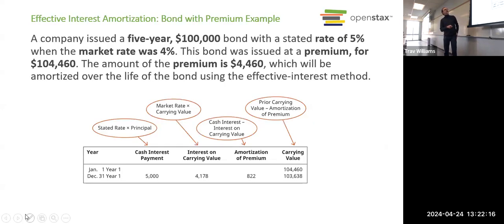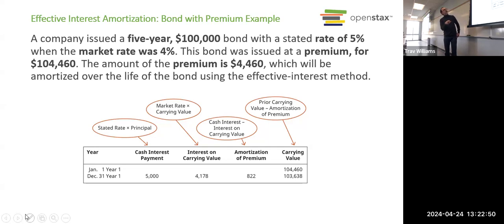Okay, then we got to the not so simple way, the effective interest method. So in this case, what you do is if the bond was issued at a premium or a discount, whatever the amount you sold the bonds for, that is your carrying value to begin with. So that's what you start with. Whatever you sold the bonds for. Then what you do is you take the face value of the bonds.